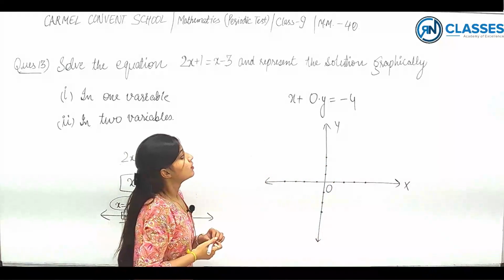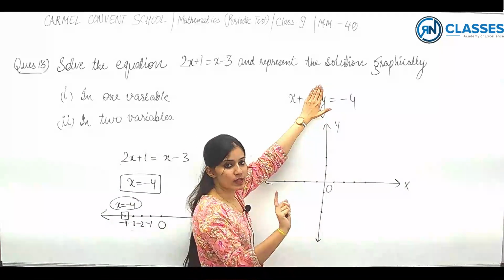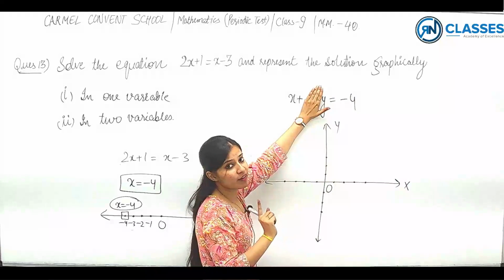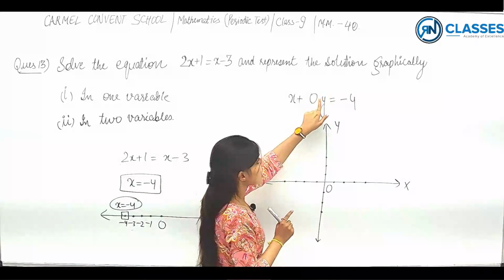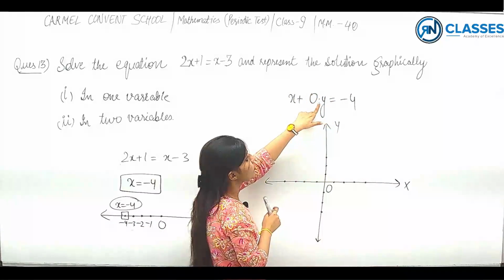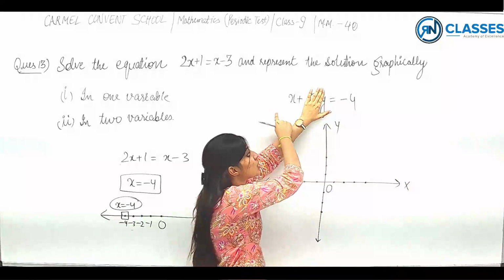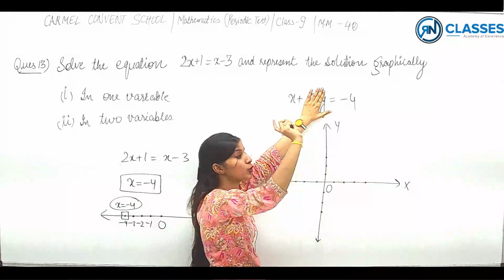Alright. Now if we observe, 0 into y is always 0. So any value of y is permissible here. If I put y is equal to 0, then x is equal to minus 4. If I put y is equal to 1, then also x is equal to minus 4. However, x will always be equal to minus 4.